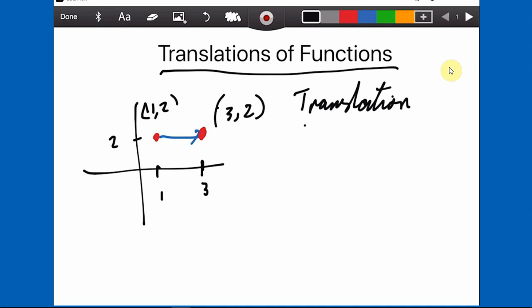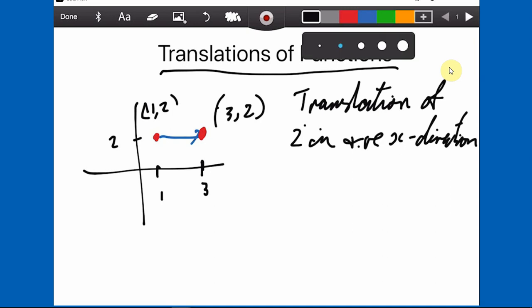Positive 2, or of 2 in the positive x direction. All right, so we have done this with graphs, although I haven't actually talked in this way about graphs, but this is just another way of looking at it.